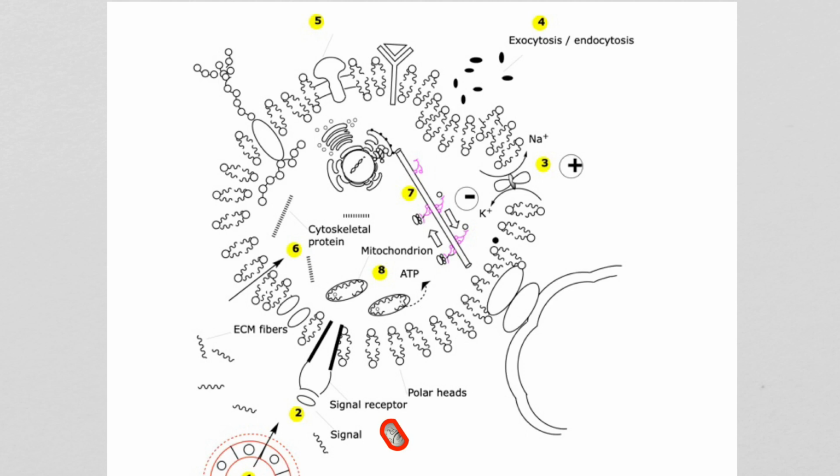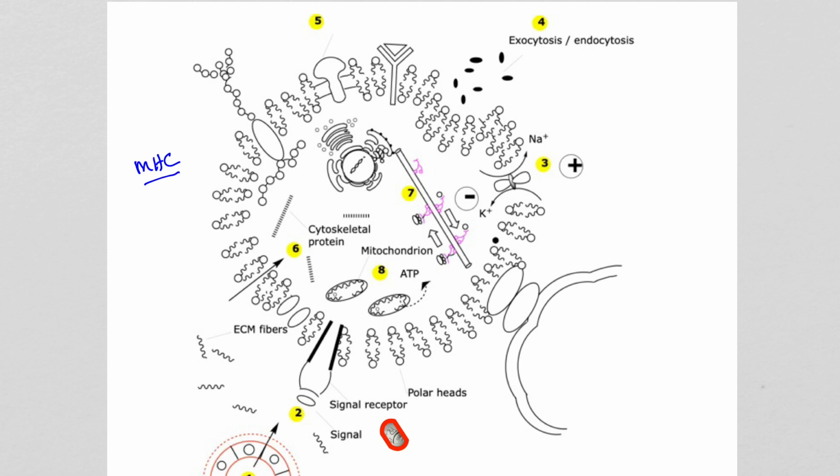So some of these proteins are inactive. They don't do much. For example, the MHC protein, major histocompatibility complex protein. Unless the cell is infected, you don't see much activity from these proteins. And then there are other proteins that are always busy working.